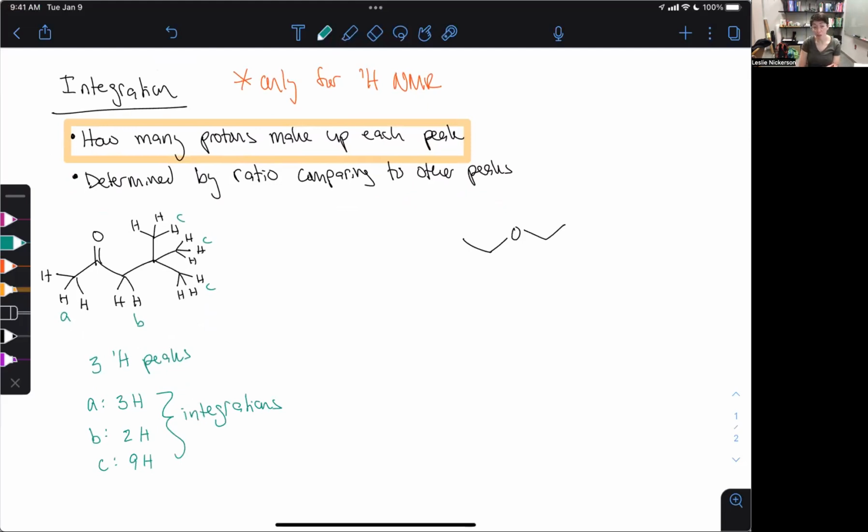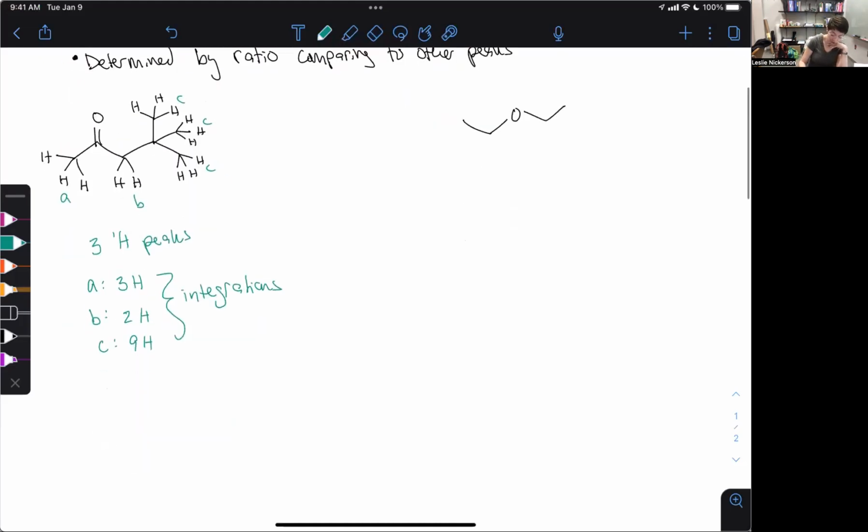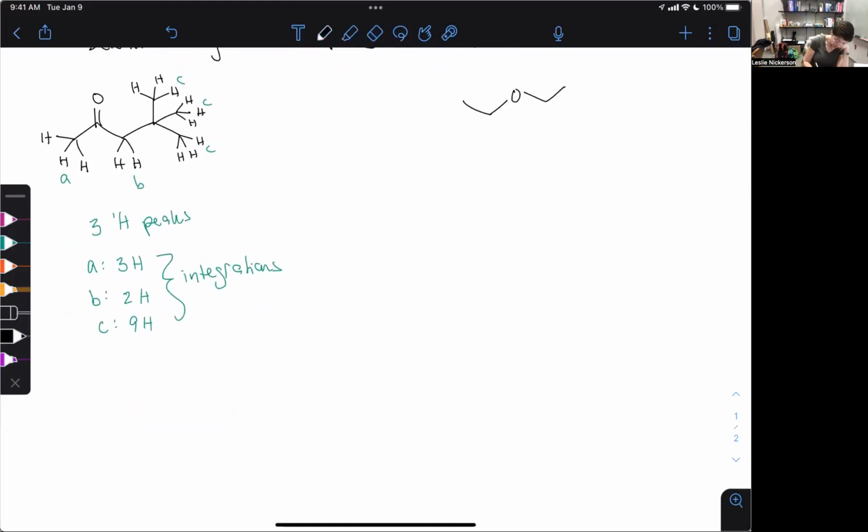The thing to keep in mind here is making sure that you can actually identify the integration on the NMR. There are a couple of places it's going to be. You'll either have your peak, and then in a little bracket, you'll have a 3, or you might see your peak, a little bracket, and then the 3.